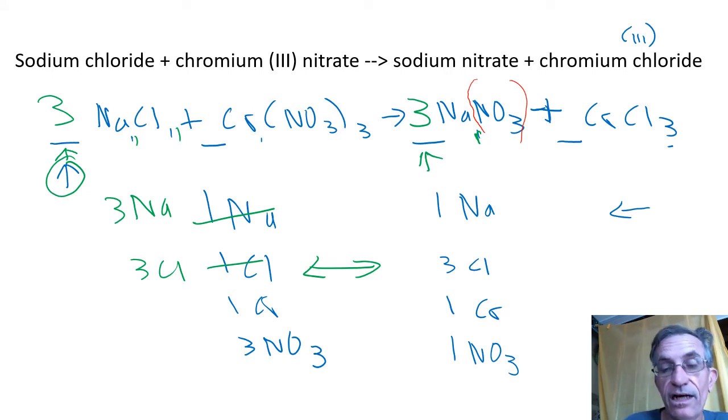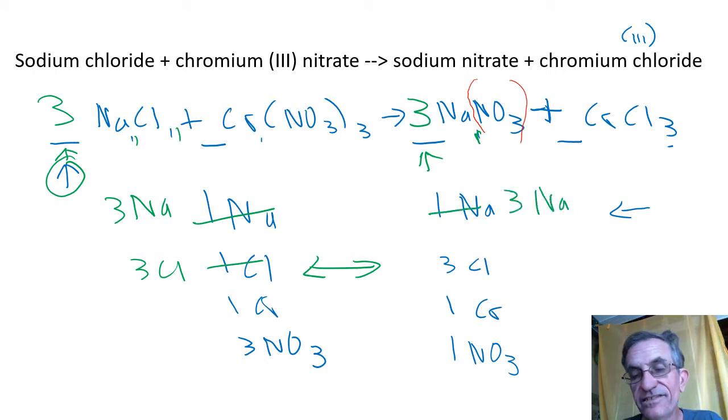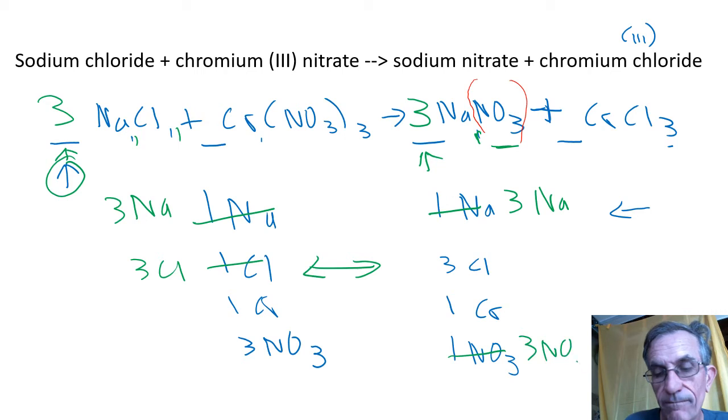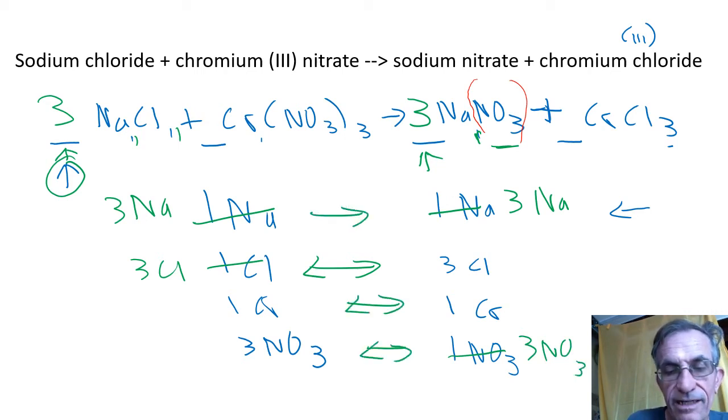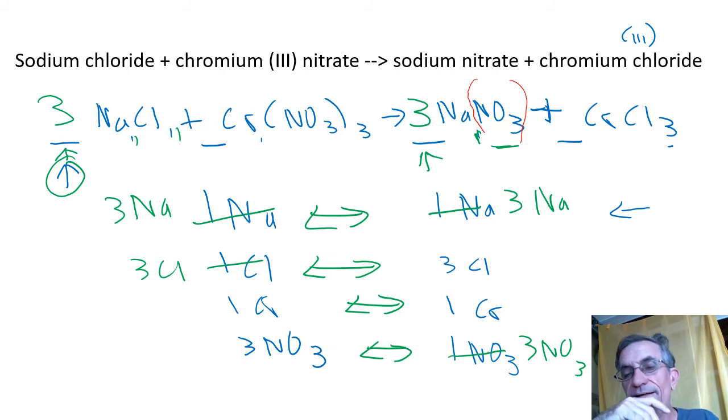Does that work? I think so. It triples everything in that formula. 3 sodiums, and also 3 nitrates. That's actually good because we needed 3 nitrates. So everything is matching up. We're balanced. So you needed a 3 in the first blank and a 3 in the last blank.